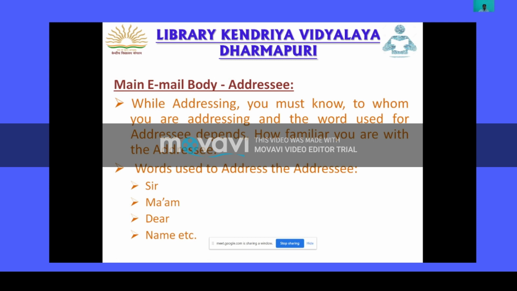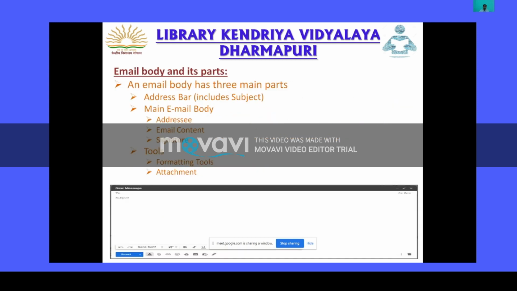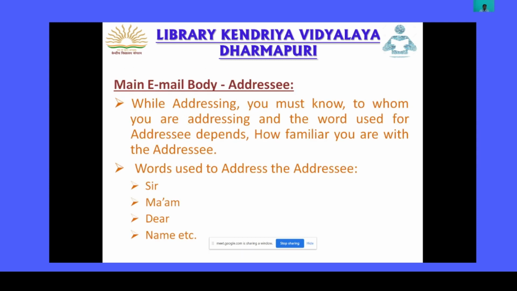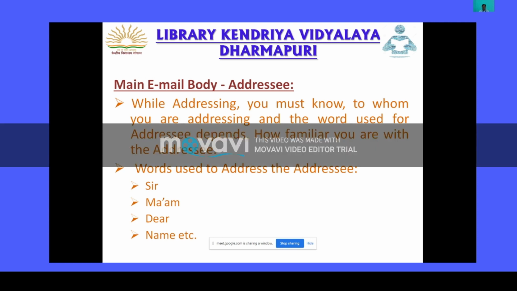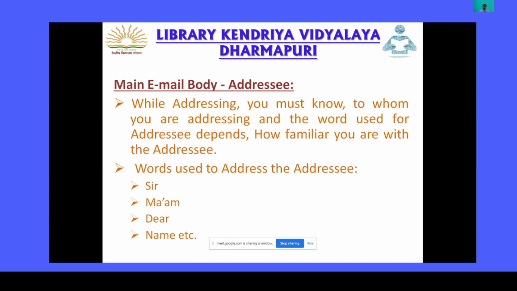Now, we have already covered the address bar, so we'll talk about the main email body, the addressee. The addressee is the person to whom we are sending the email, under whose address we have entered in the To field. You must know who the addressee is.